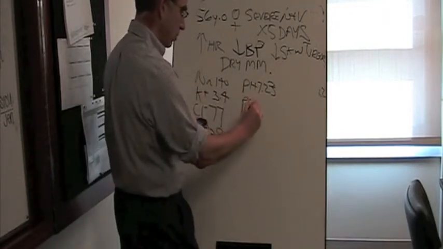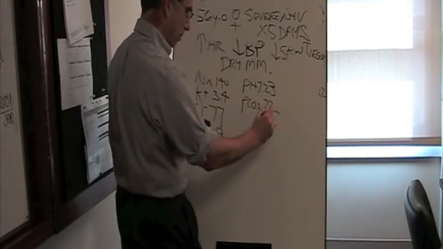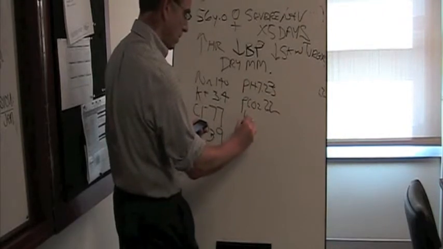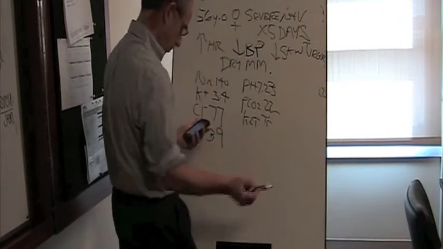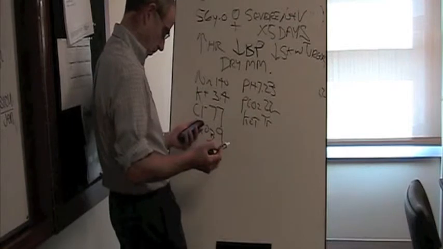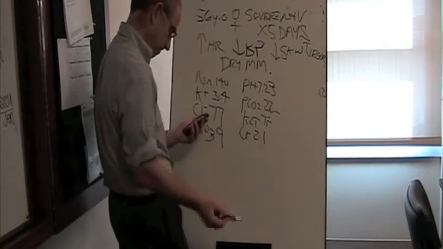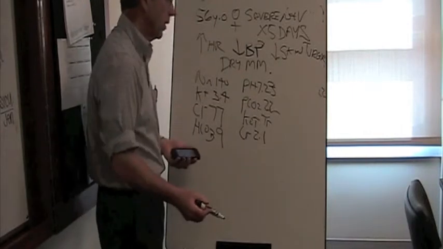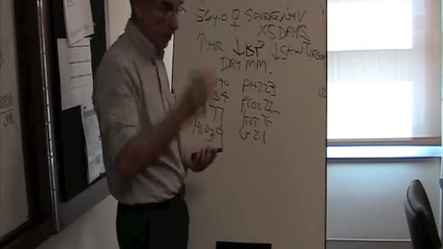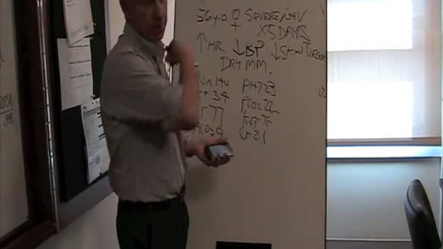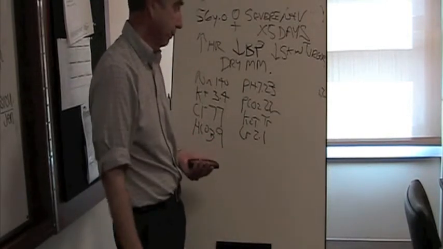PCO2 of 22. Ketones in the urine are trace. Creatinine is 2.1. Okay, so first, what's the major acid-base disturbance? What do you do?